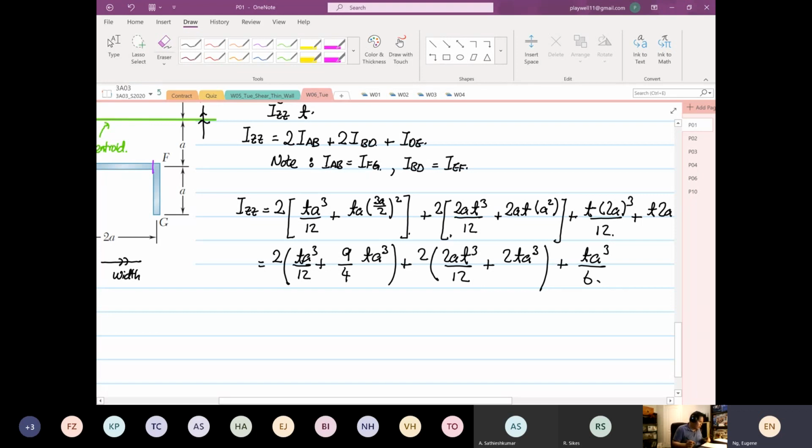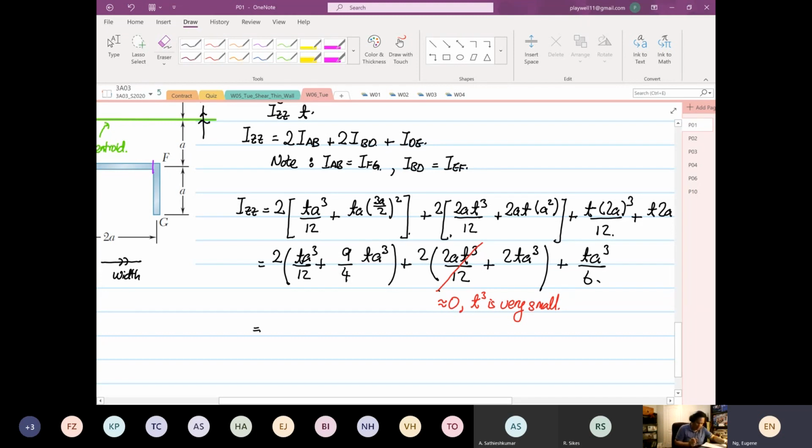Now, what I want you to take note of is you can drop this term. You can assume this term equal to 0 because T cubed is very small. So anything that's T cubed, drop it. That is the only term that's T cubed, and the rest are not T cubed at all.